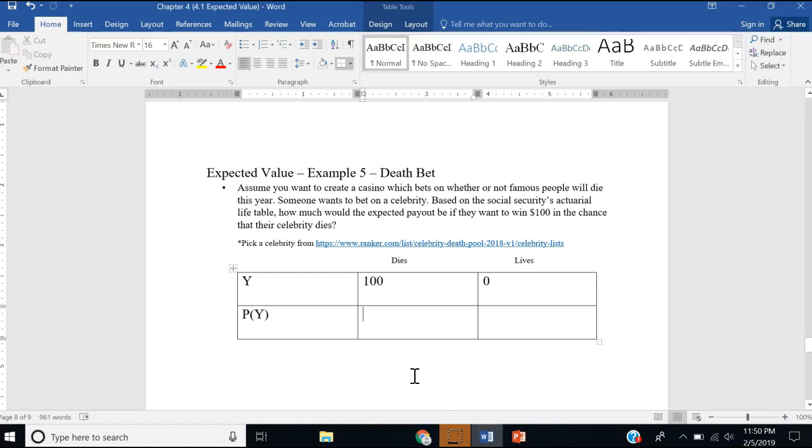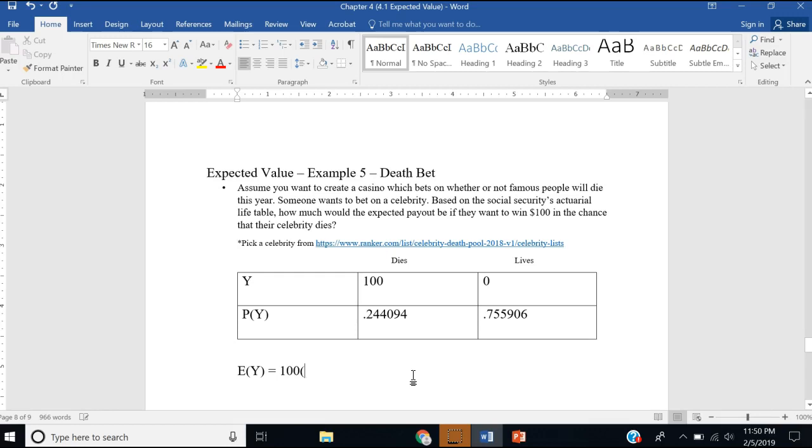That's the probability we're going to use. And obviously the other probability, the probability that he lives, is 0.755906.